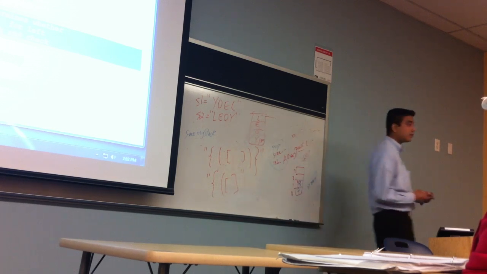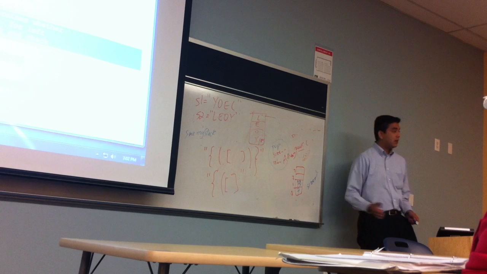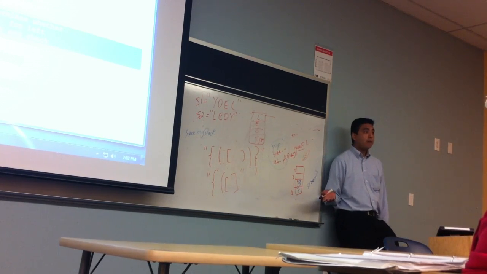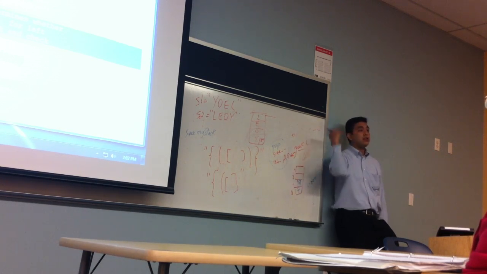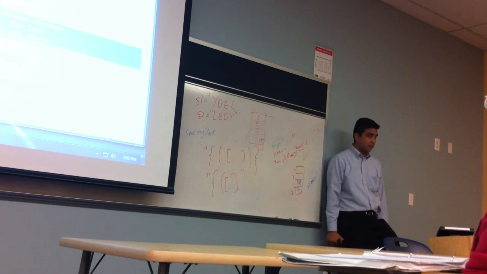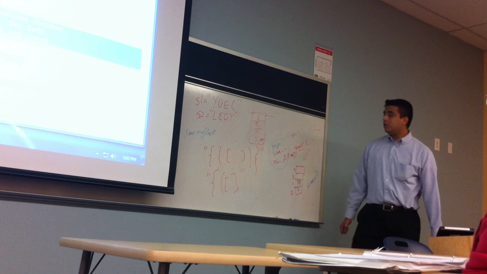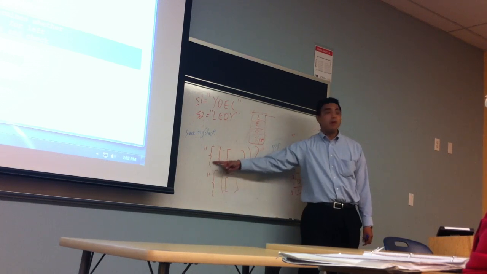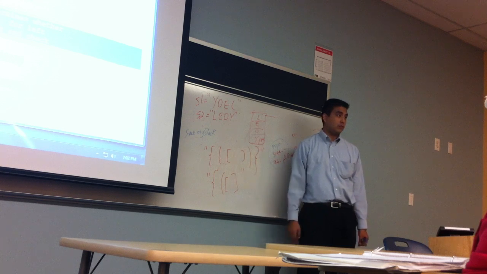Got it? So what they are telling you is, use the help of a stack to determine this. You write a method that receives a string and returns true if it's balanced or false if it's not. Simple like that. How could I do that? What you could do is analyze the string, and as you see an opening, push it.